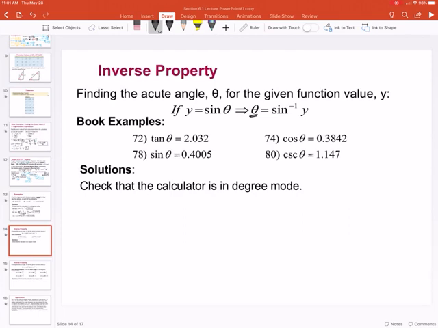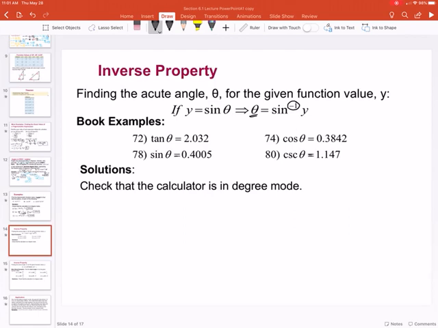So using the inverse property, we know with inverses we interchange our relating variables. So our relationship is the relationship between theta and y, the angle and the value. So as we swap those out, we get the inverse. So theta and y have been swapped out, so that gives us sine inverse. You see your superscript -1, our inverse notation. So using inverses will allow me to find the angle measure.